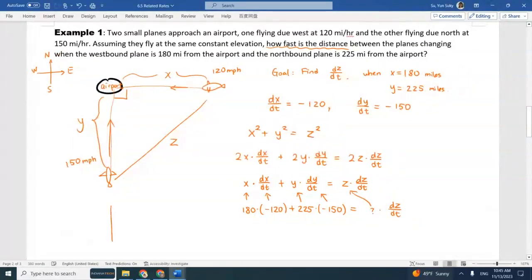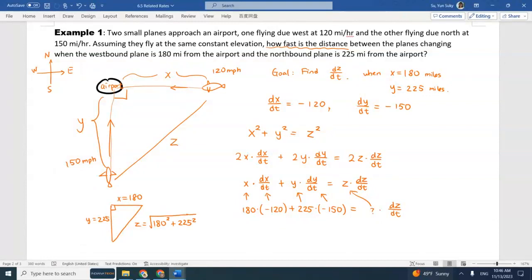But at the moment when x is 180 and y is 225, what is z? Do you see, by the Pythagorean theorem, it is the square root of 180 squared plus 225 squared.